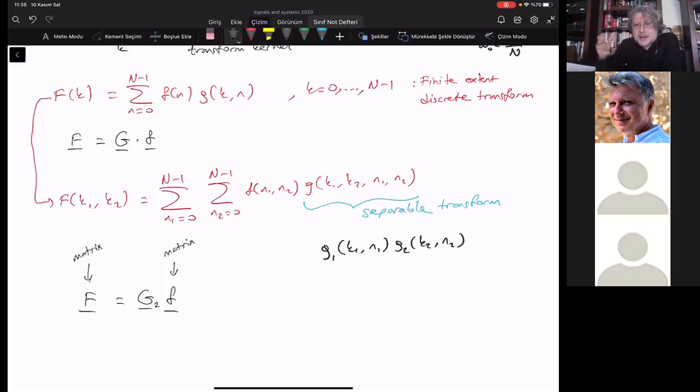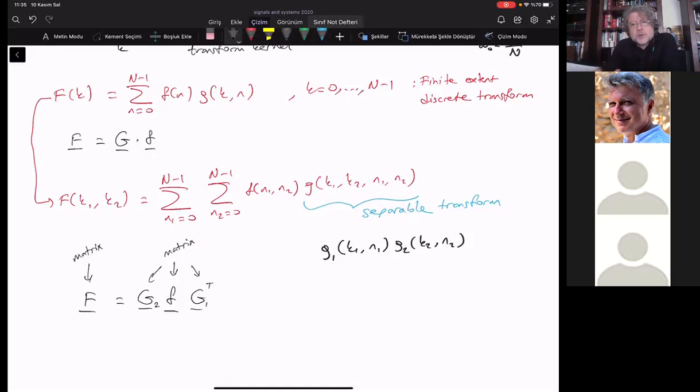So the columns are being processed by G2, and the rows are processed by G1 in the form of a transposition. So G2 F G1 transpose, in the middle F is also a matrix. G1 and G2 are also matrices. These are all matrices. This is a separable implementation of a two-dimensional transformation.